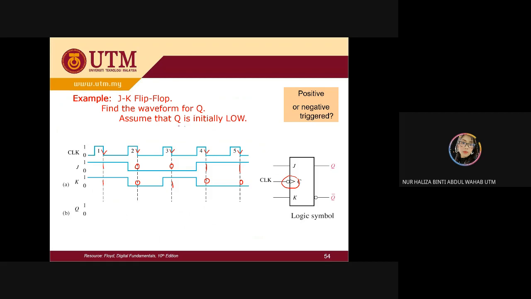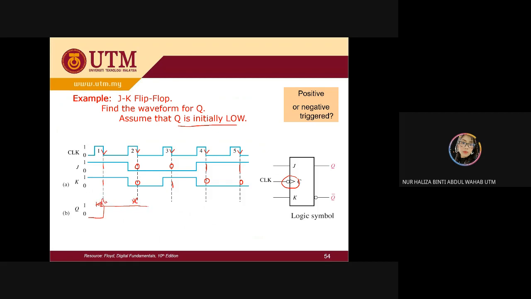My initial value is low. So this is my low until I meet another negative clock. At this side, it is 1 1. 1 1 will be toggle until I meet another negative clock. 0 0, no change.